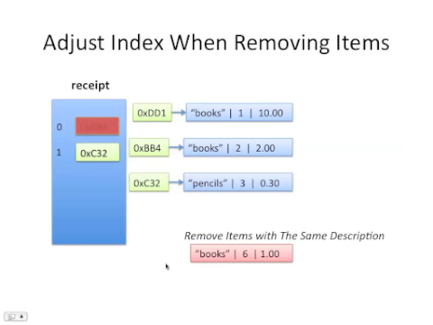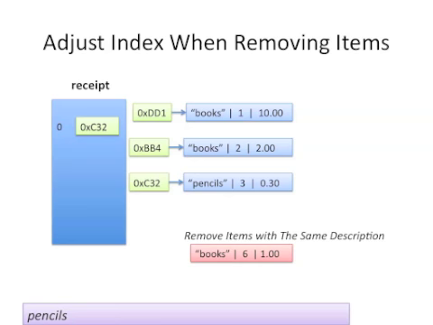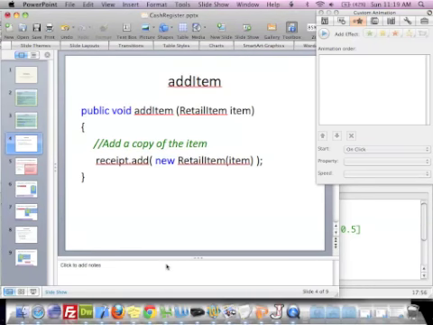When I remove the next book, position 0 is pencils, and there's no position 1. So whenever you delete an item from the list, the others move up in index. And so now it'll display pencils. Okay, thanks.